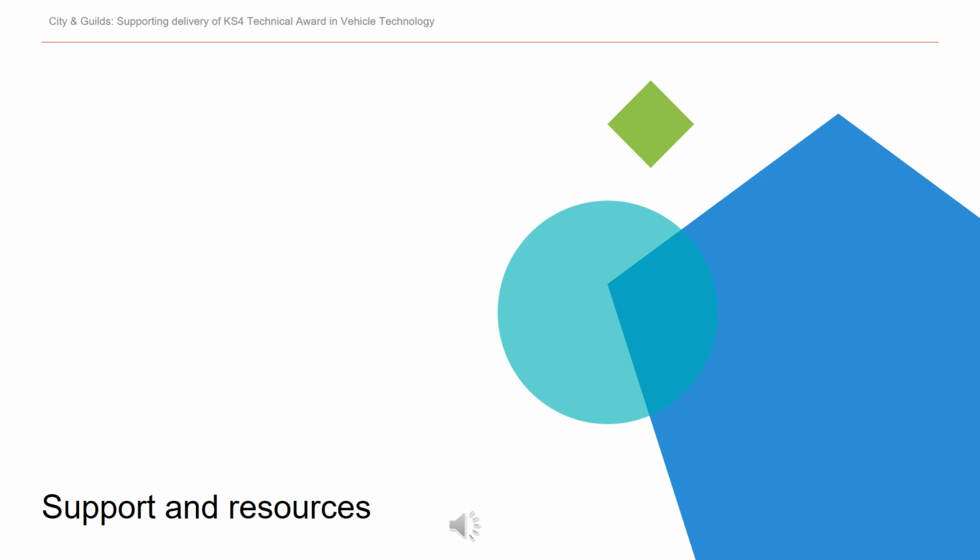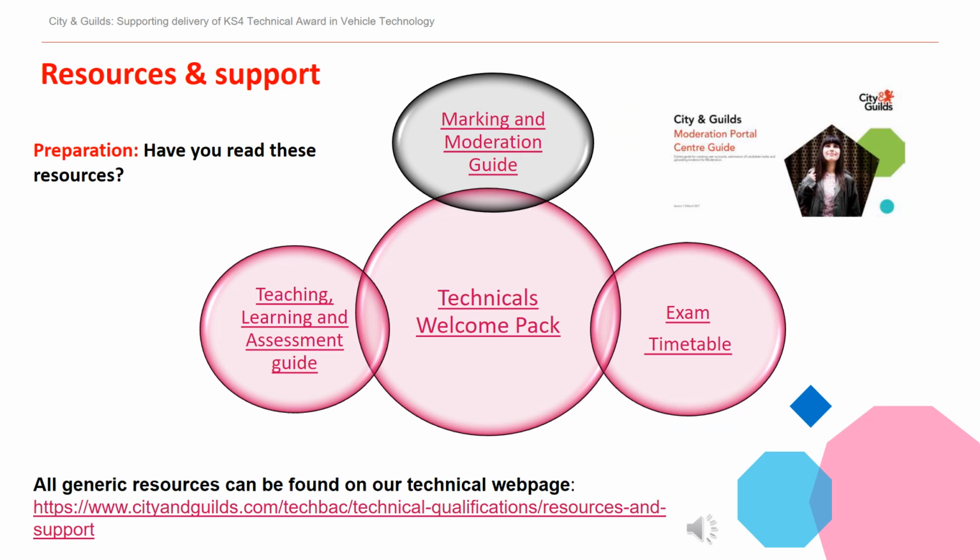Okay, let's look at support and resources. The link shown at the bottom of this slide will take you to the generic technical resource and support page. We would encourage all centres delivering technical qualifications to read through the documents provided, as they are aimed to help you plan your delivery and help you understand the assessment methodology of the technical.